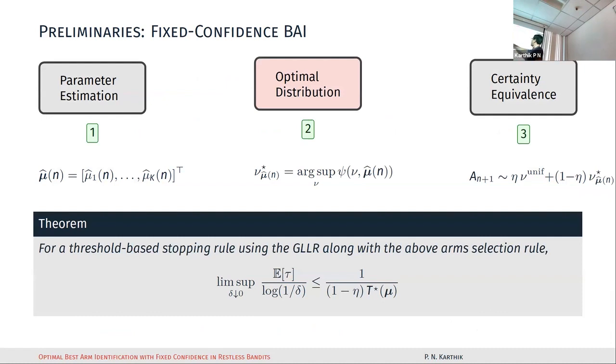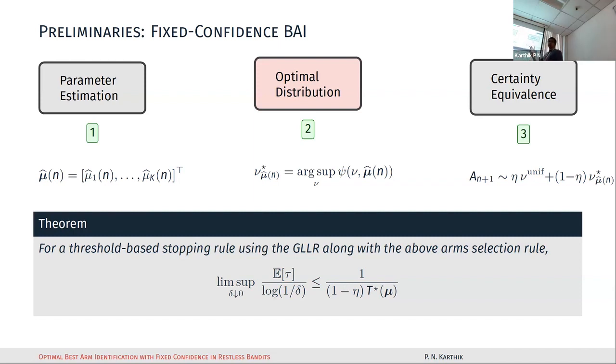The learner will try to find the optimum distribution, assuming that mu hat n itself is the true instance. The learner doesn't know the true instance. The learner will assume that mu hat n is the true instance and try to find what is the optimum distribution for this mu hat n, according to which the learner should sample the next arm.